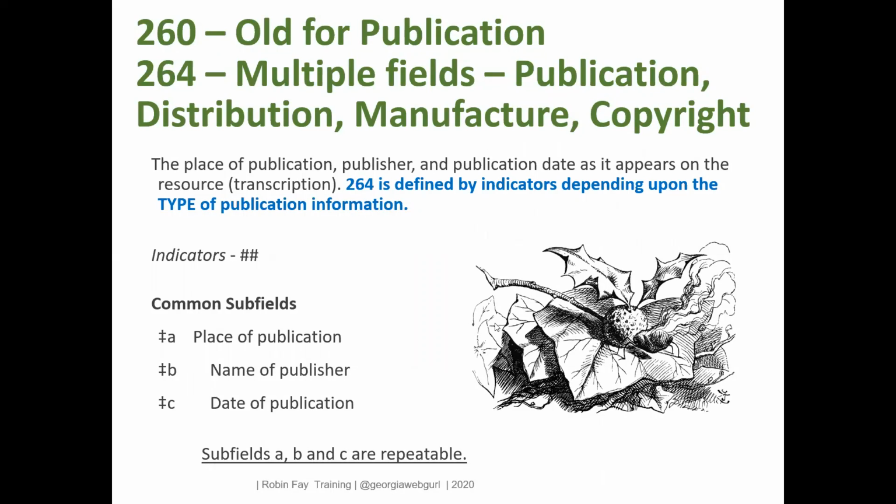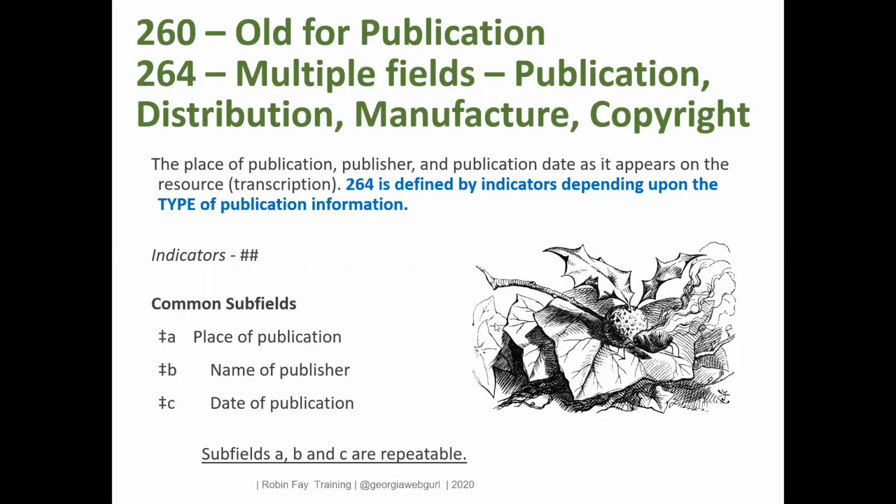260s are still acceptable, but they're quickly becoming obsolete. So if you're doing original cataloging, please look to using the 264s. There are multiple fields. We're expanding what we can talk about with publication, so we can also talk about distribution and manufacture. Things like all of those record collections that come out, and I think Columbia House records are long gone these days, but all those things that are manufactured by a particular organization, we can actually record that information now.